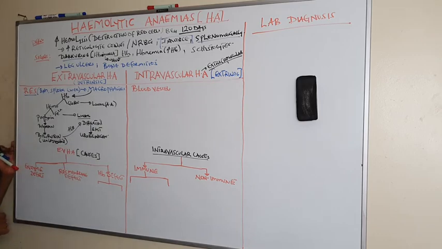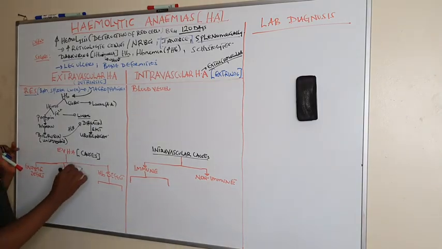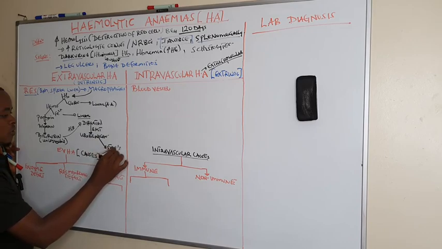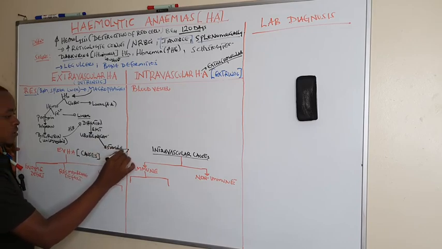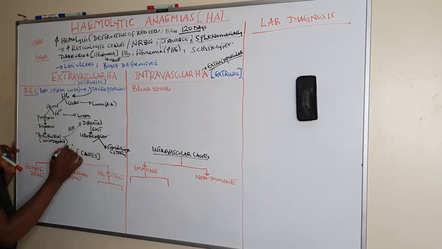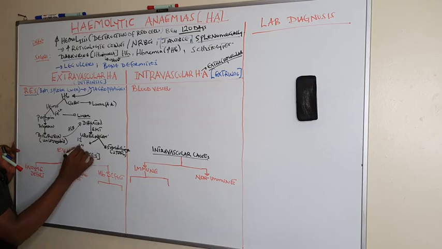Intestinal bacteria act on it to form urobilinogen, whereby 99% of urobilinogen is excreted as stercobilinogen in stool. Then 1% is excreted as urobilinogen in urine.